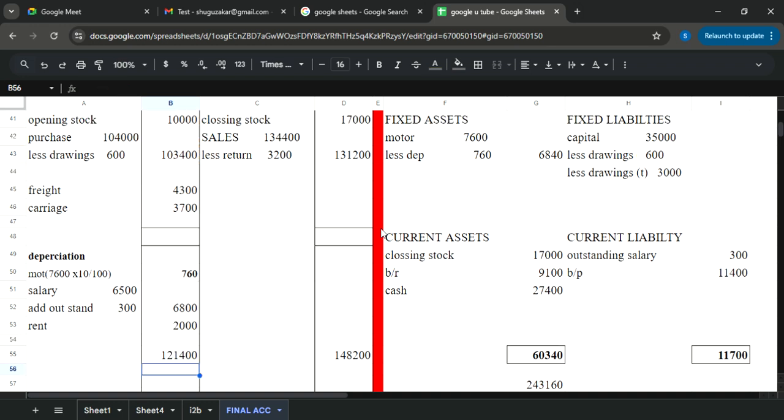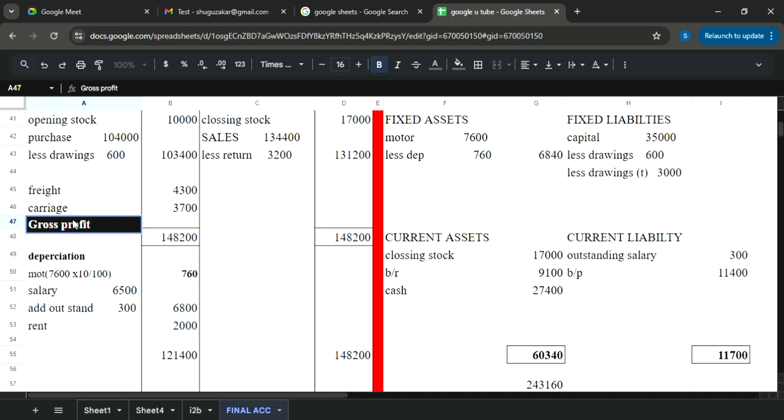So the sum of the debit side is calculated, the sum of the credit side is calculated. The higher amount we will pick, that is 148,200. And this sum would be written on the total of both sides. The smaller side would be chosen. Since income is more than expense, it is gross profit.